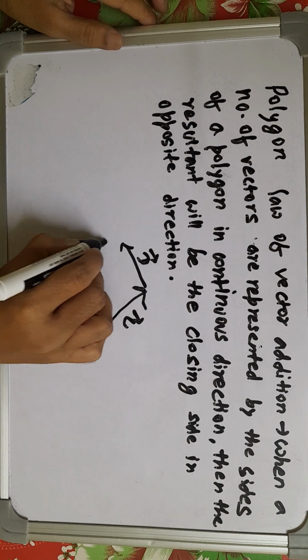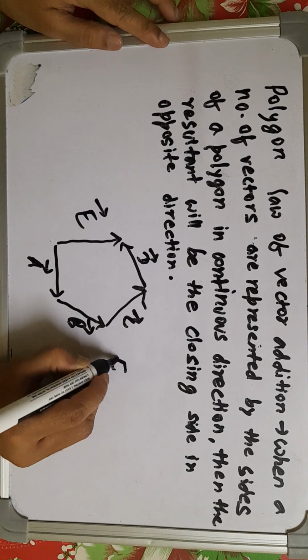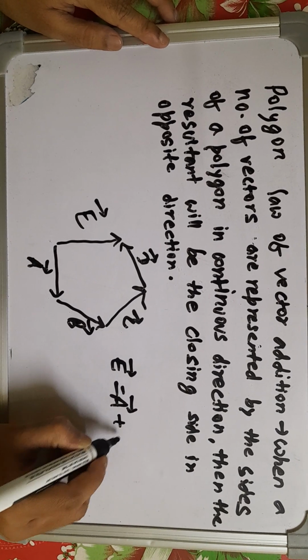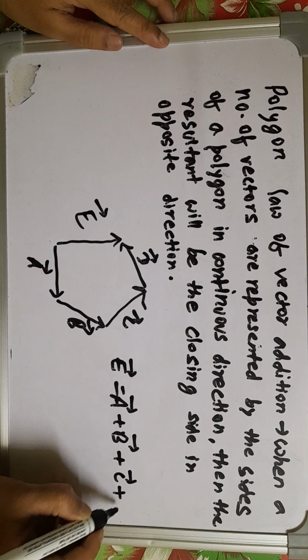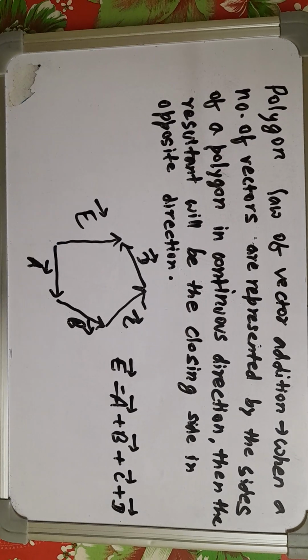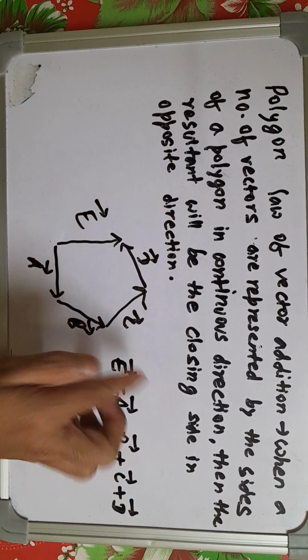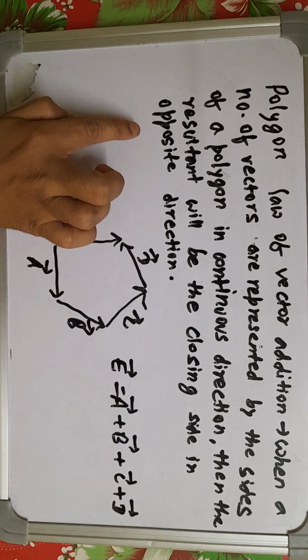The closing side in the opposite direction will be E vector, where E vector is equal to A vector plus B vector plus C vector plus D vector. So what is the polygon law of vector addition? When a number of vectors are represented by the sides of a polygon in continuous direction, in the same direction, then the resultant will be the closing side in the opposite direction.